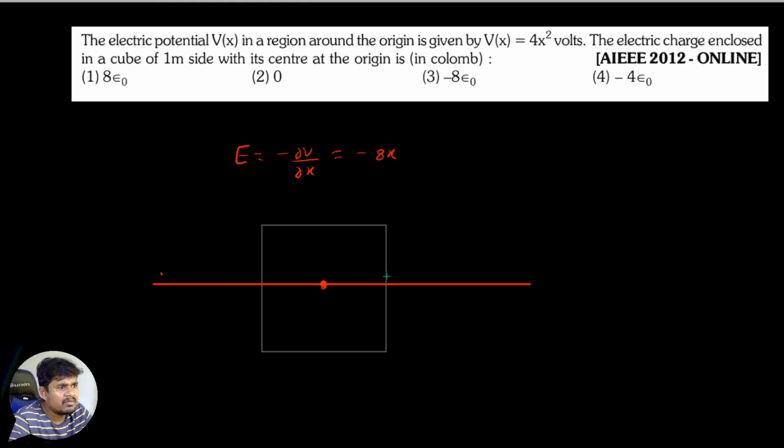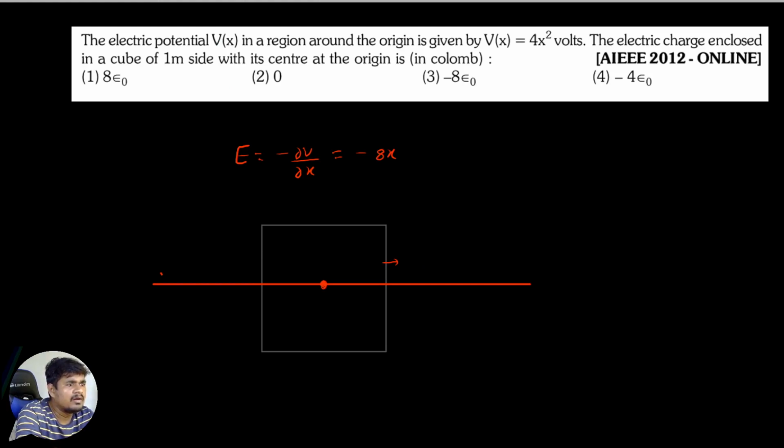Now if we calculate the flux through this region, because the electric field is negative, I can say that the flux will be negative here.